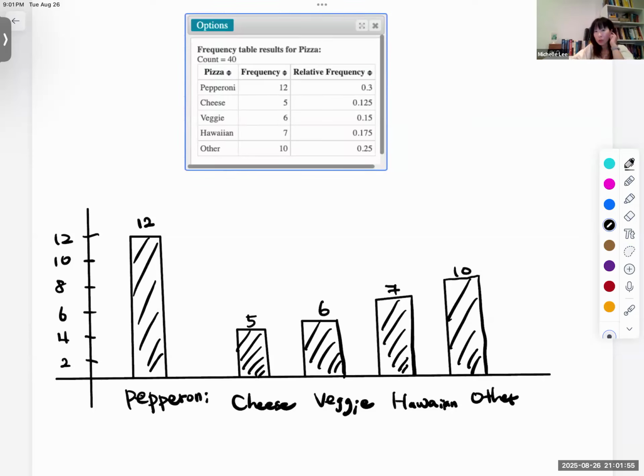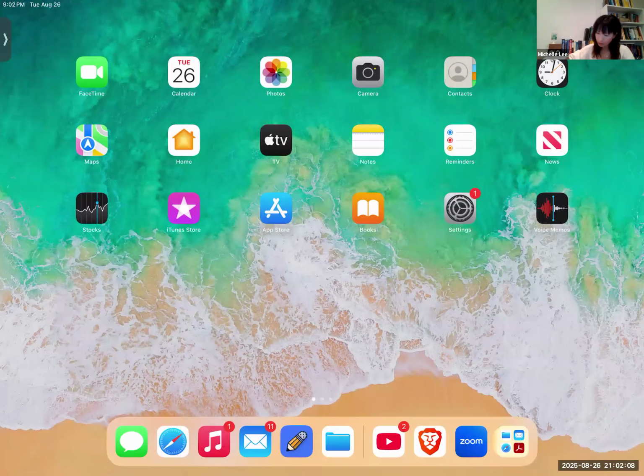Okay, let me show you how to use StatCrunch. Share screen. And then I have to turn off here, right?